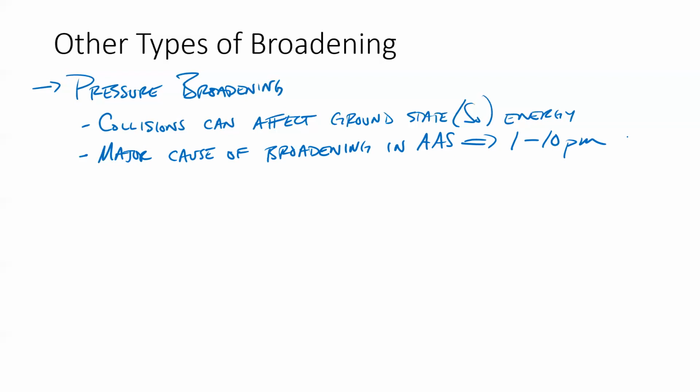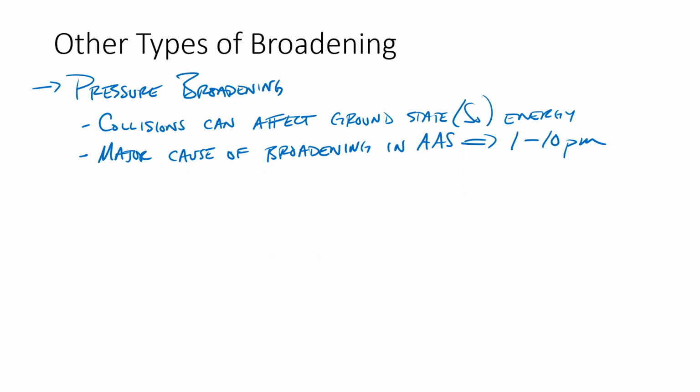So remember we talked about the normal breadth of a transition being anywhere from a few femtometers to 50 picometers. Pressure broadening can contribute a big chunk of that, up to 10 or probably even up to 15 or 20 picometers, depending on the pressure you're operating at.